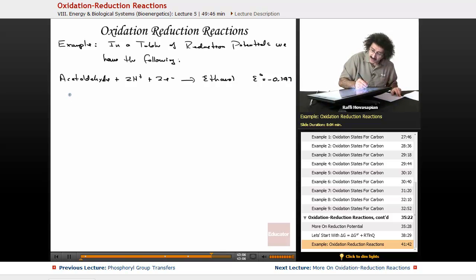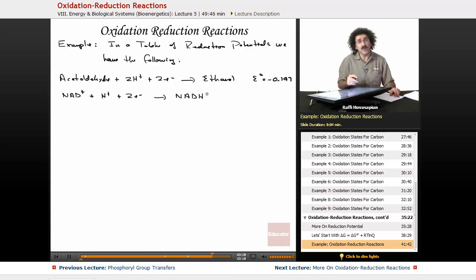Okay, well, we also have the following. We have something else in the table, and it says NAD plus, H plus, 2 electrons goes to NADH. Now, don't worry about what NAD plus and NADH are right now. We're actually going to be discussing that in the next lesson. For right now, it's just a species. It is the oxidized version of the species.